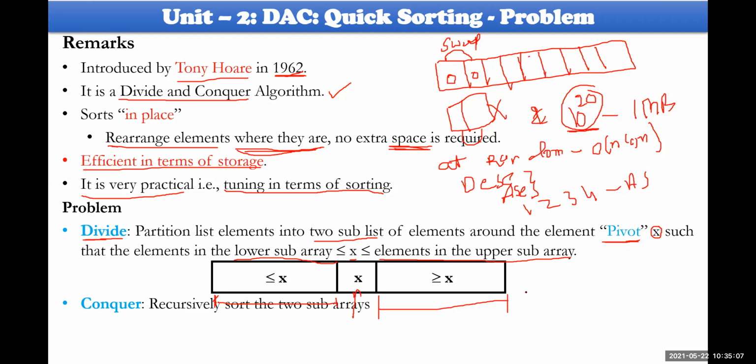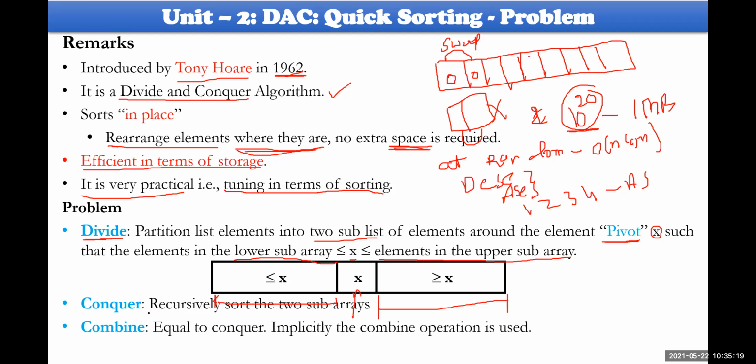Then the second operation is that you have to conquer, that is, recursively sort the two sublist arrays. Combine: while operating this conquer operation, obviously the combine is also implicitly done, because we have already said it is an in-place sorting algorithm.